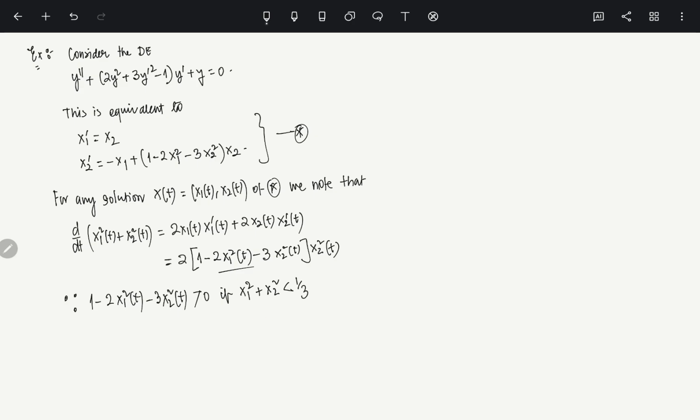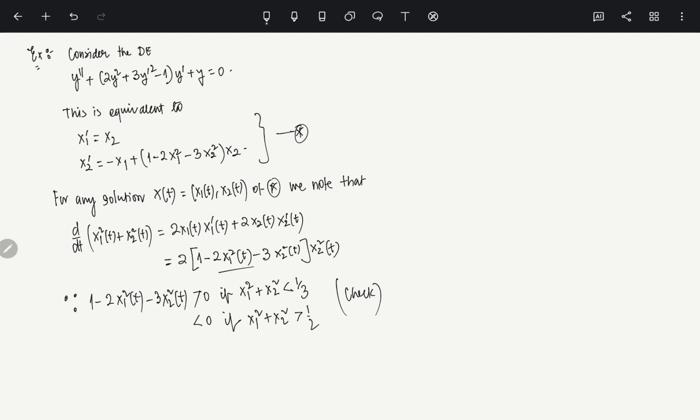And this is negative if x1 square plus x2 square is greater than half. This is not very difficult to see. You check this part: 3x1 square plus 3x2 square minus 1 is less than 0, so basically this has to be positive.